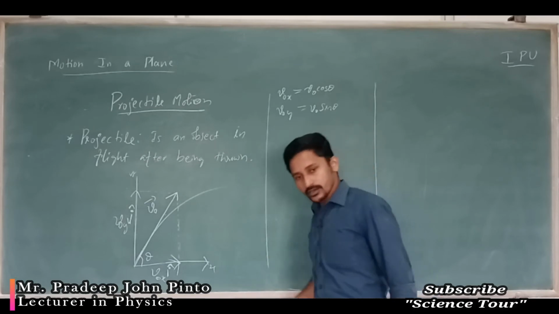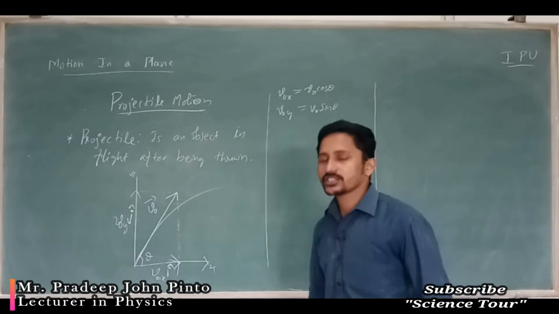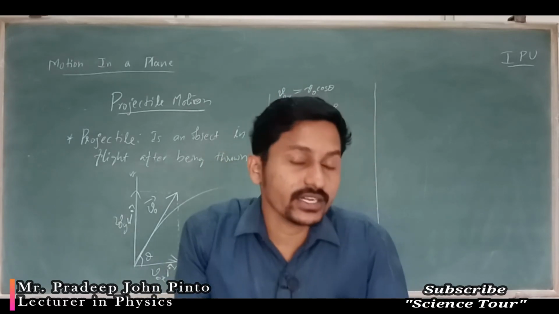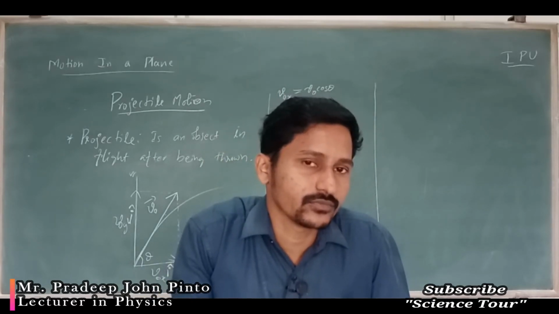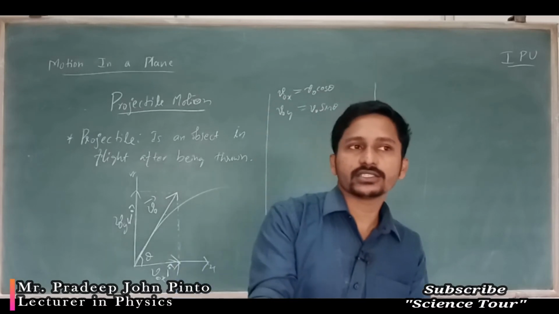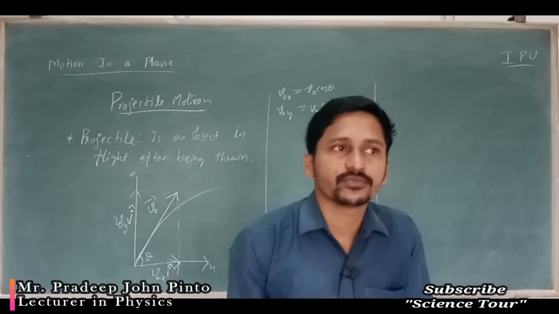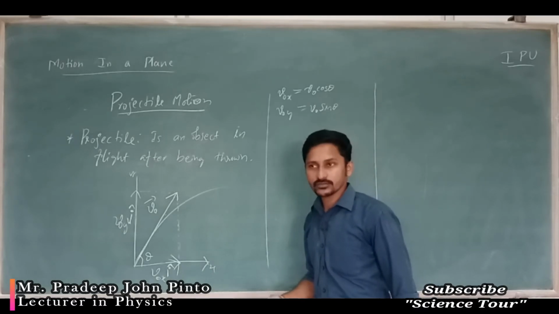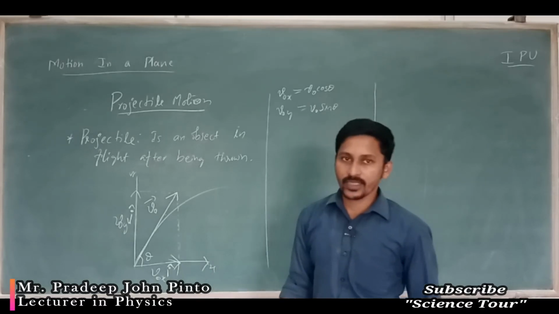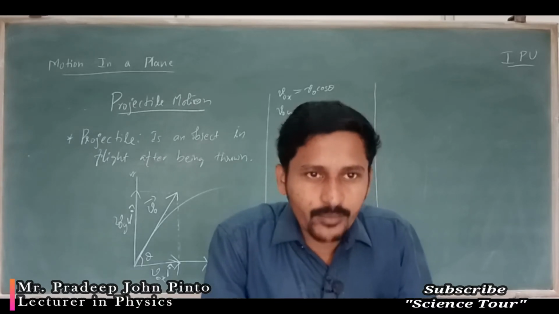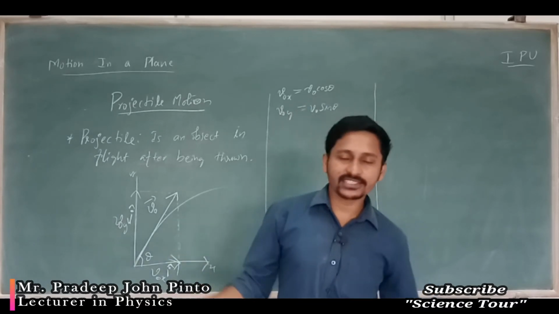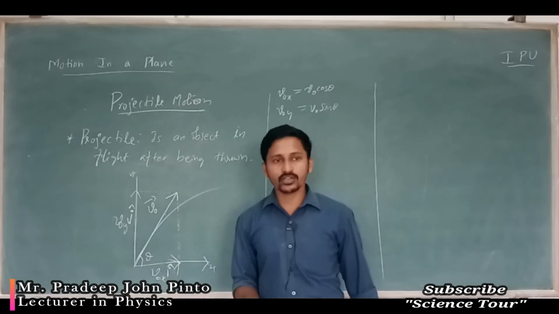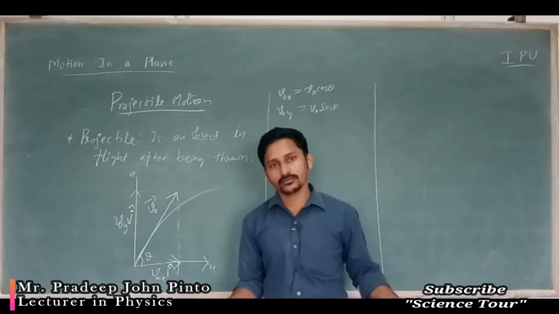If you throw an object in a horizontal way, where will it stop? Will it stop at 10 meters or 20 meters, based on my strength? No, it is not like that. It never stops, because there is no external force to stop it. If friction was there, it would have stopped.